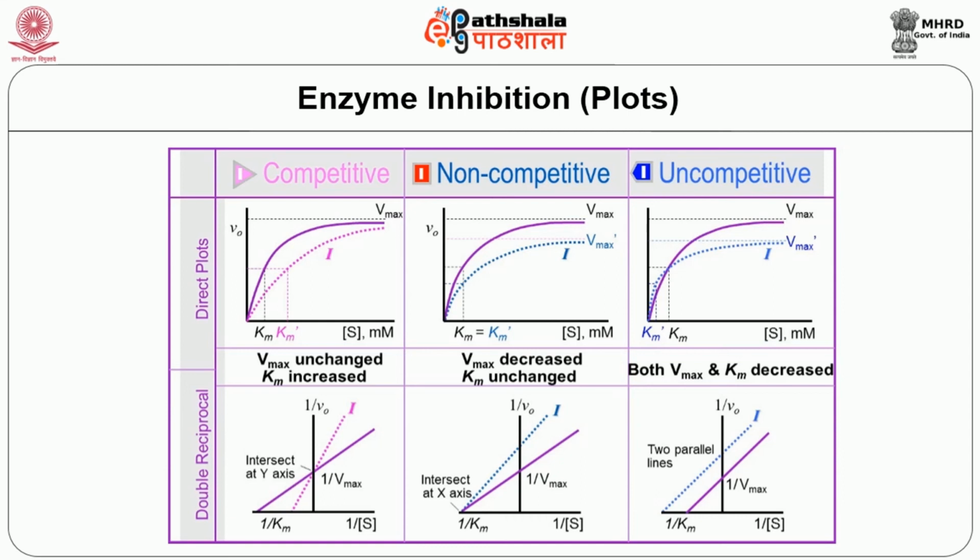In an uncompetitive inhibition stage, there is total chaos. The presence of the inhibitor disturbs the enzyme-substrate complex, no further action is possible, reflecting in both the reduction of the Vmax, the rate of the reaction, as well as the Km value. Thus, in this module, we have understood the various factors that affect enzyme activity.